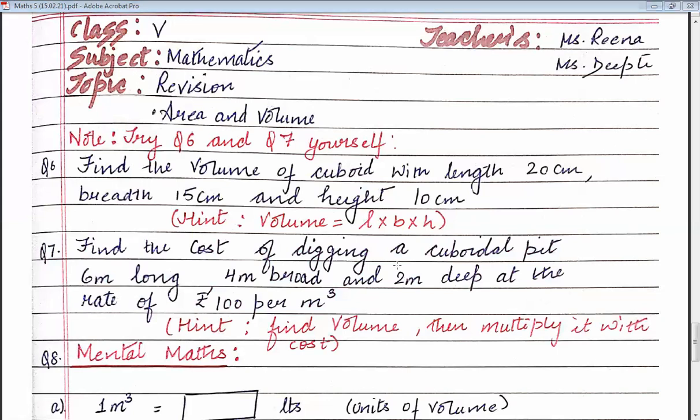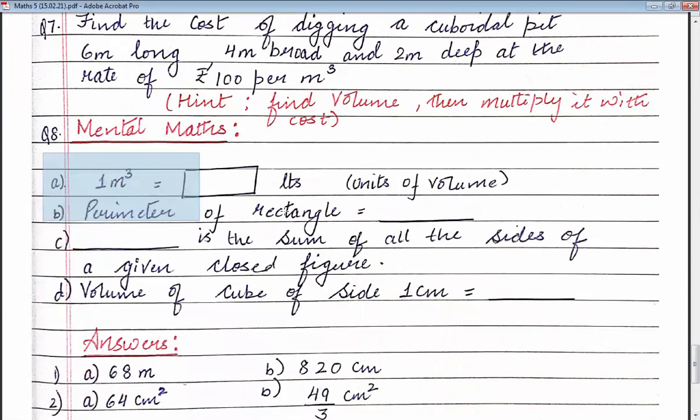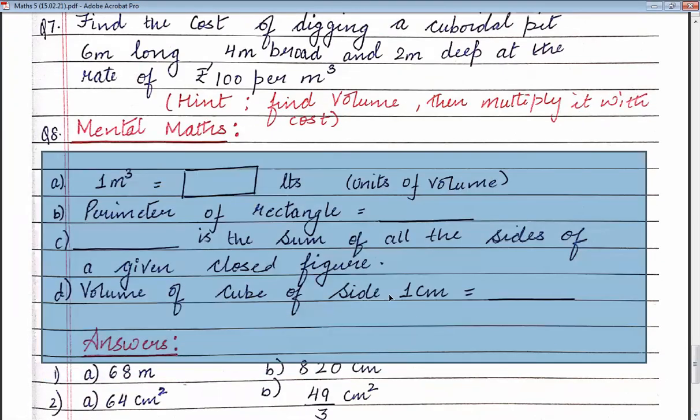Now let's read question number 8. This is mental maths. We have to discuss this quickly. 1 meter cube is how many liters? So, children, it is 1000. Please remember, 1 meter cube is equal to 1000 liters. And what is the perimeter?